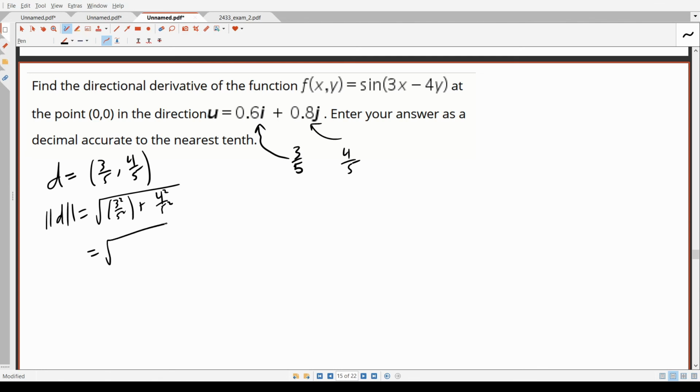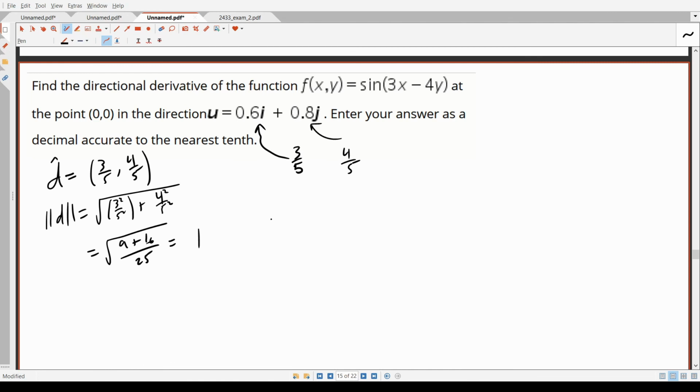That's going to be 9 plus 16 over 25. Right, so that's 25 over 25, which is 1. So this vector has a norm of 1, so it's a unit vector.